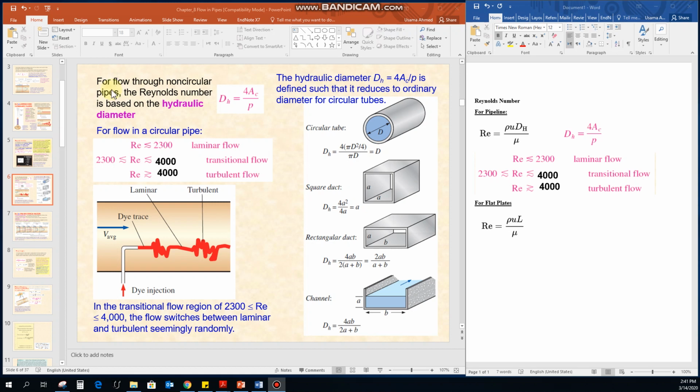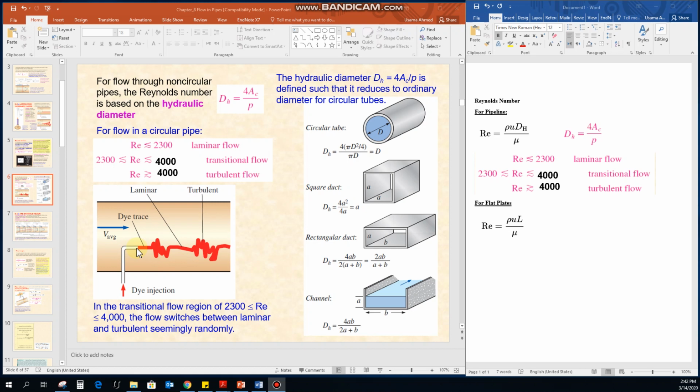If the Reynolds number is less than 2300, we can have laminar flow in our problem. If the Reynolds number is between 2300 and 4000, we can have transitional flow. And if the Reynolds number is greater than 4000, we can have turbulent flow in our problem.